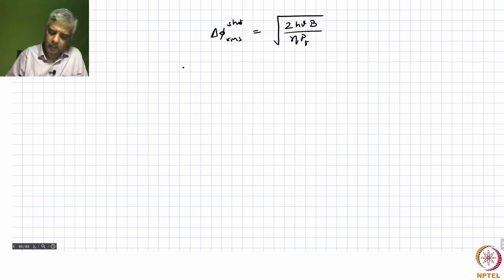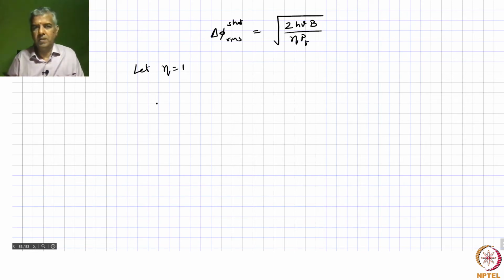So, let us say for our application eta equal to 1 for simplicity. If you are using lambda equal to 1.5, use indium gallium arsenide, and in that case the internal quantum efficiency typically is about 0.9, so we can approximate that to be 1. And then B, the bandwidth.